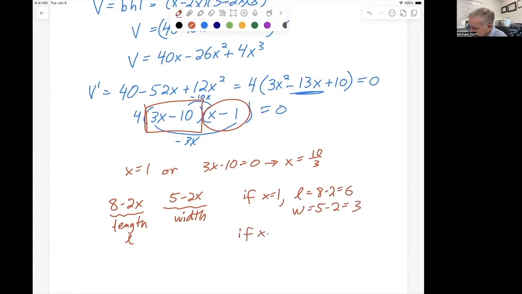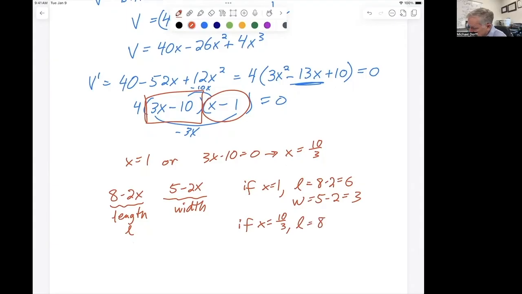If x is 10 thirds, then length is going to be equal to 8 minus 2 times 10 thirds, which I could figure out, but we'll just leave it for now. It's a positive number, which is what's important. On the other hand, if I do width here, I've got 5 minus 2 times 10 thirds.